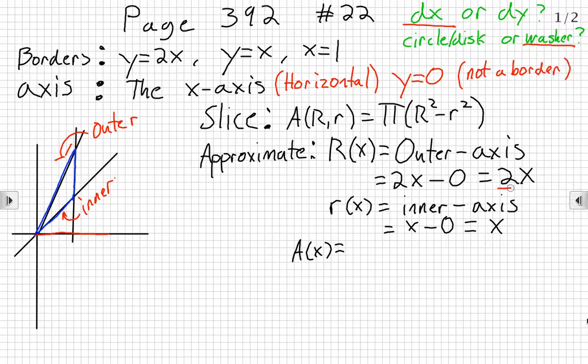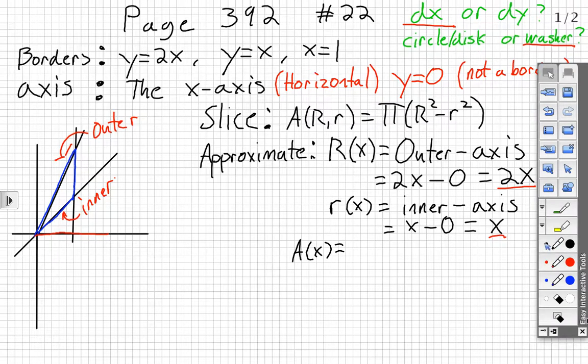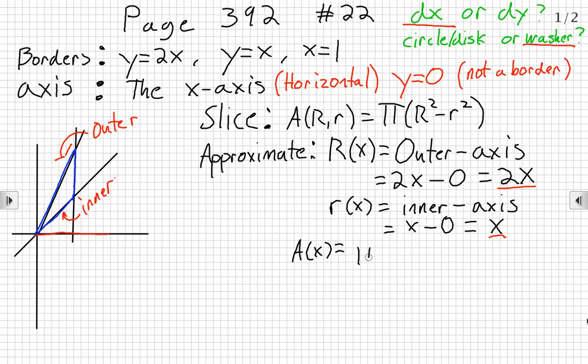We have outer radius, big radius as a function of x, little radius as a function of x. That's going to allow us to rewrite area as a function of x. The area is pi, 2x squared minus x squared.